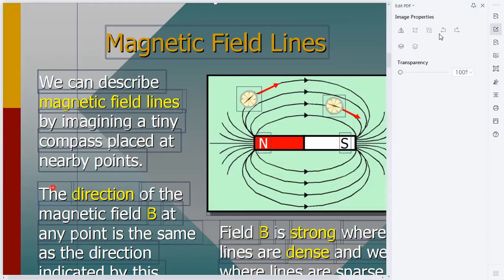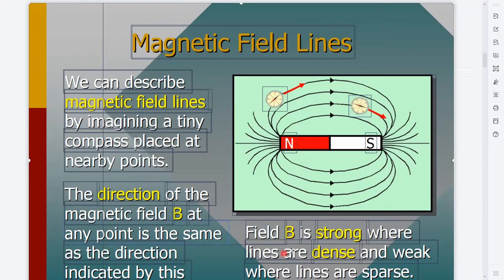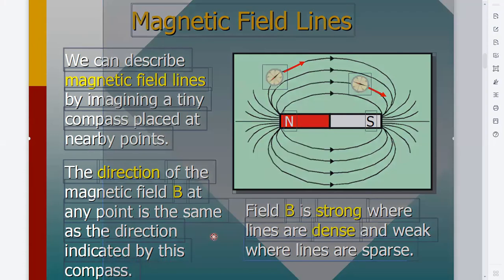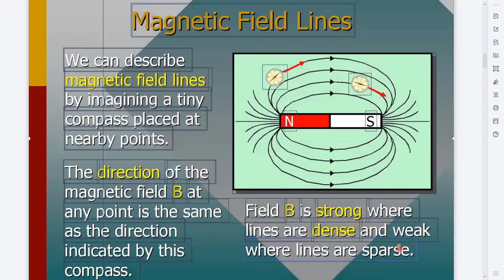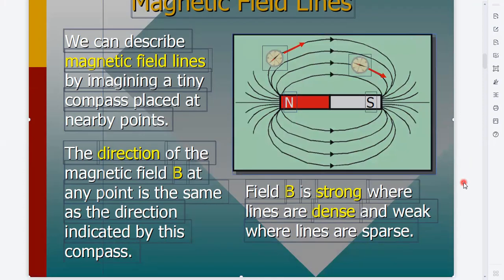The direction indicated by the compass is the direction of the magnetic field, capital B, at that point. The field B is strong where the lines are dense and weak where the lines are sparse. This is the geometrical interpretation of magnetic lines of force.